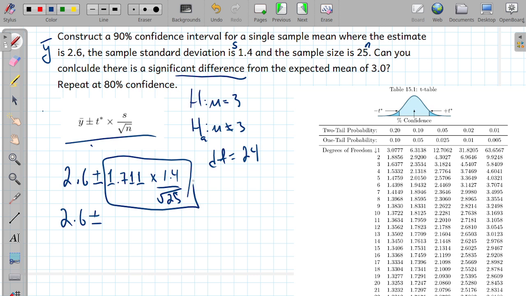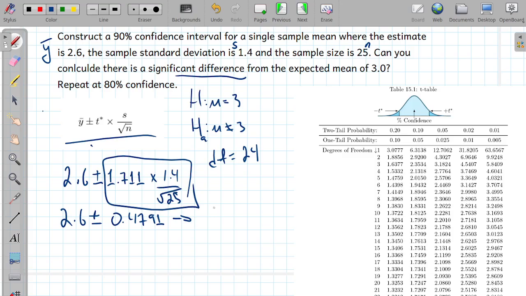Now, when you work those numbers out, we should get, the whole thing. So this works out to 0.4791. That's our margin of error that we're going to add and subtract.